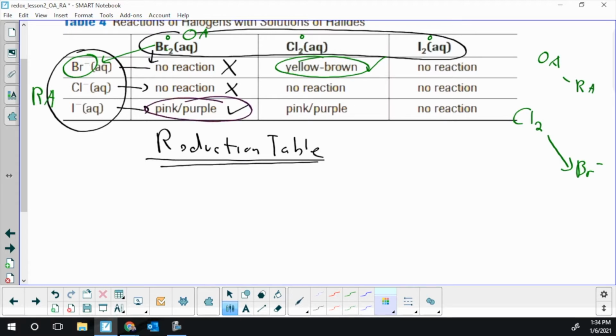I'm going to pick this other reaction. We see a reaction, so the OA is above the RA, and the OA is going to be Br2, and the RA was I minus in this case, and we do see a new color, so the I minus must be below. Those two tests alone are enough to give us a bit of an order.